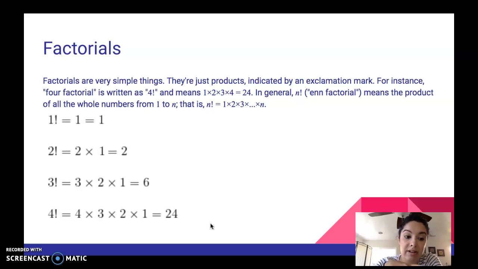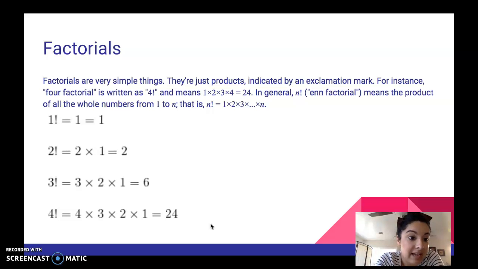Anytime you see a factorial sign, the exclamation point next to a number, you're basically multiplying from that number, 4 let's say, down to 1. So 4 times 3 times 2 times 1. It's the product of all whole numbers from 1 to n, n being the number you decide to choose, where earlier 4 was going to be our n.